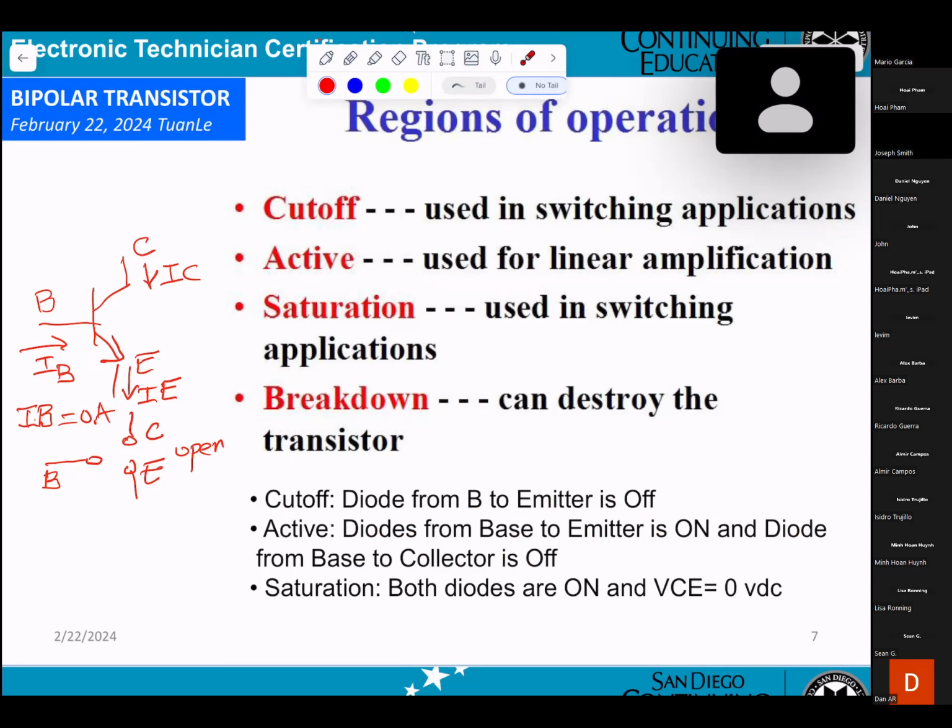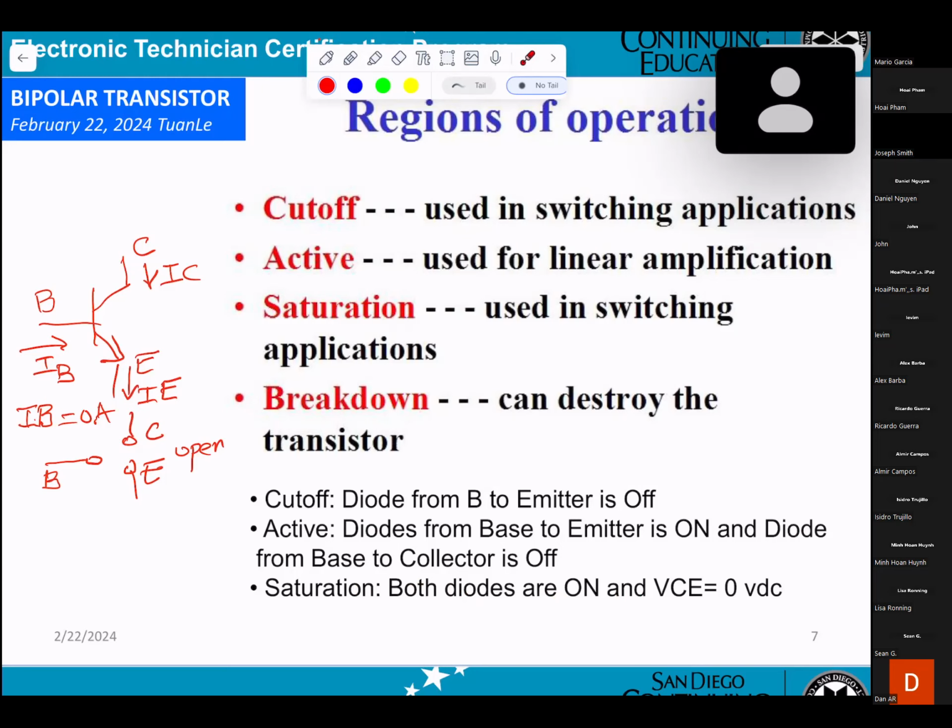One will be on, one will be reverse bias, that means off. And saturation: both diodes are on, and VCE equals 0. That's basically the definition for you.